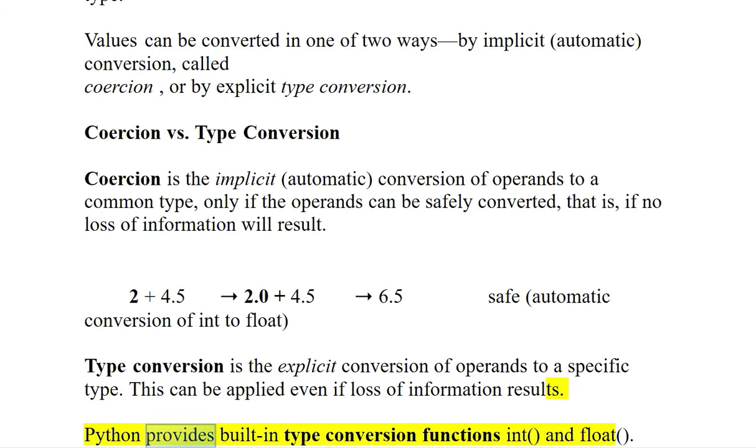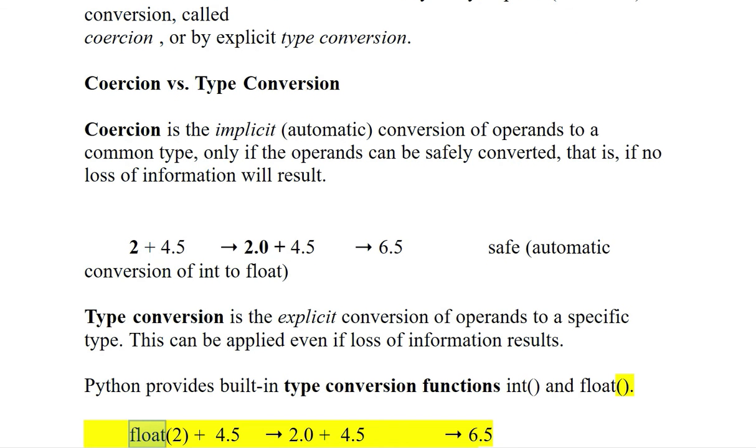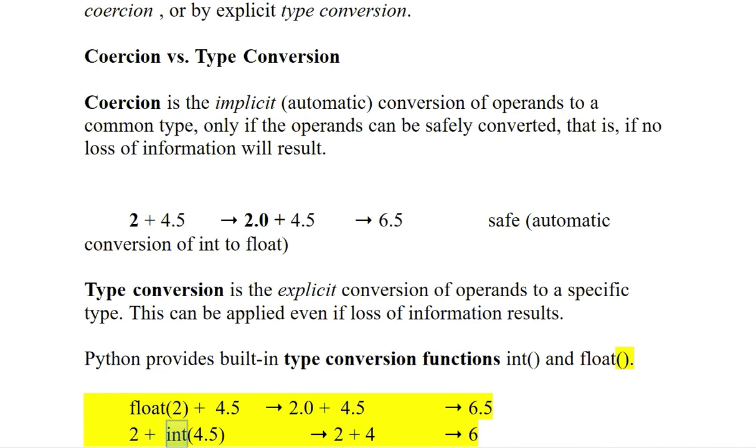Python provides built-in type conversion functions int and float. float(2) + 4.5, 2.0 + 4.5, 6.5. 2 + int(4.5), 2 + 4, 6.